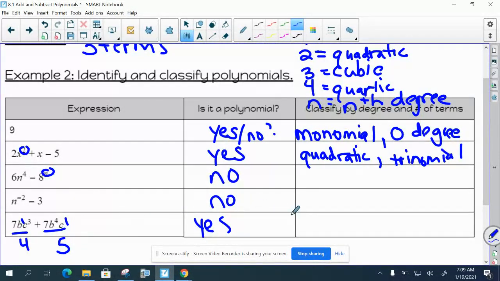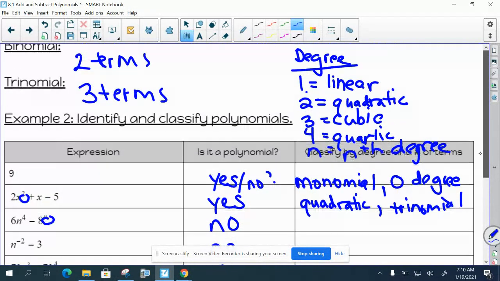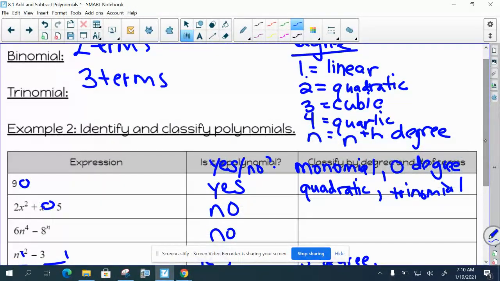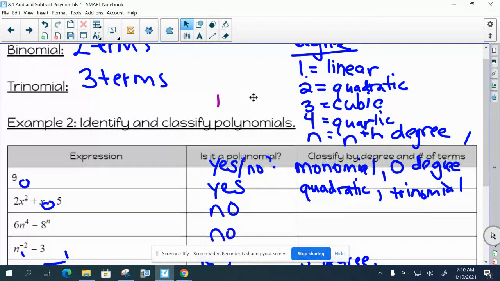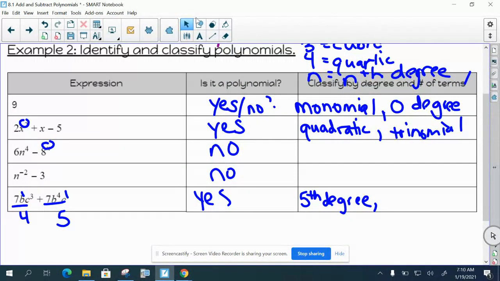So you would just say 5th degree, since it stops at 4 for specifics. 5th degree, and then since it has 2 terms, looking back up at this chart, it would be a binomial, since it has 2 terms. So binomial.